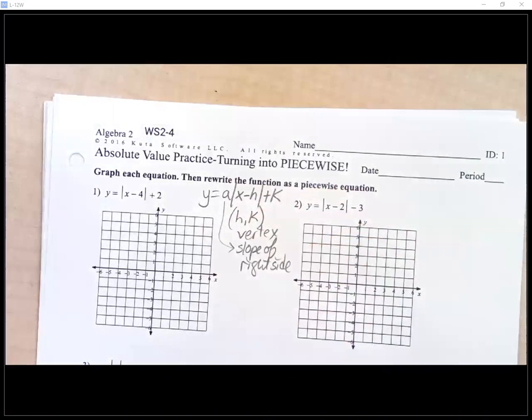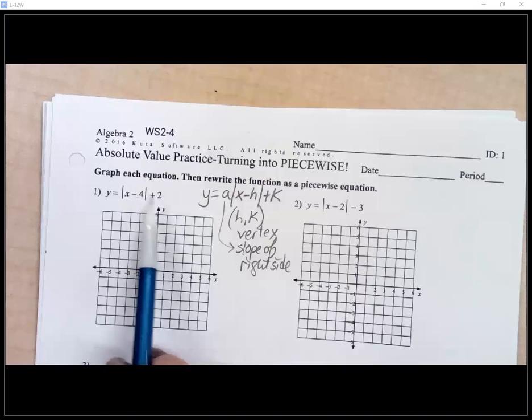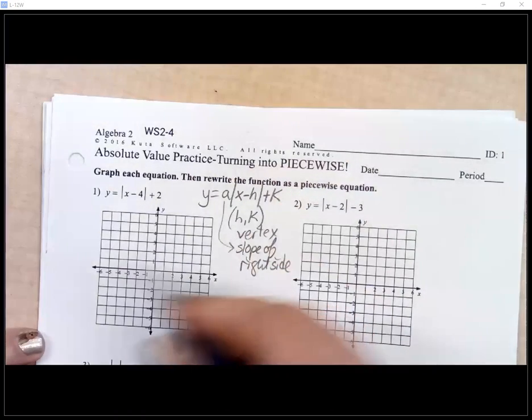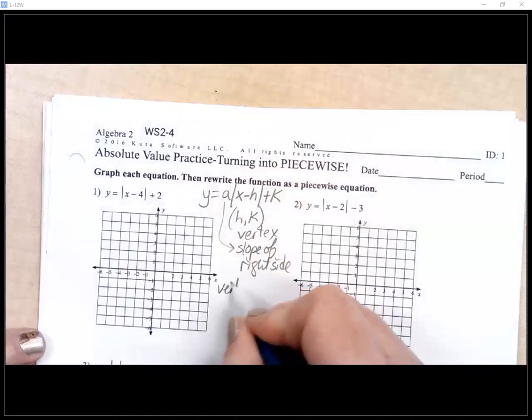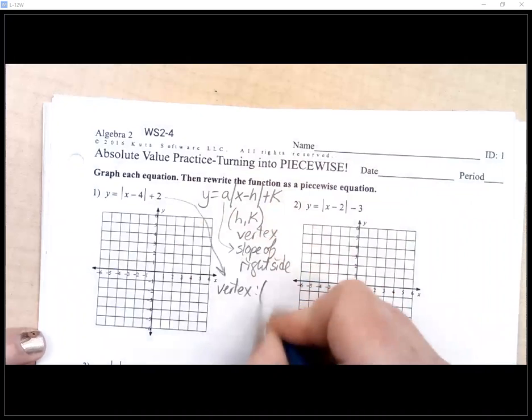Okay, so for number 1, where would the vertex of this thing be? Nate? 4, 2. So remember, we're always taking the opposite of the number that you see right there, but leaving that one as it is. So the vertex of this is at 4, 2.